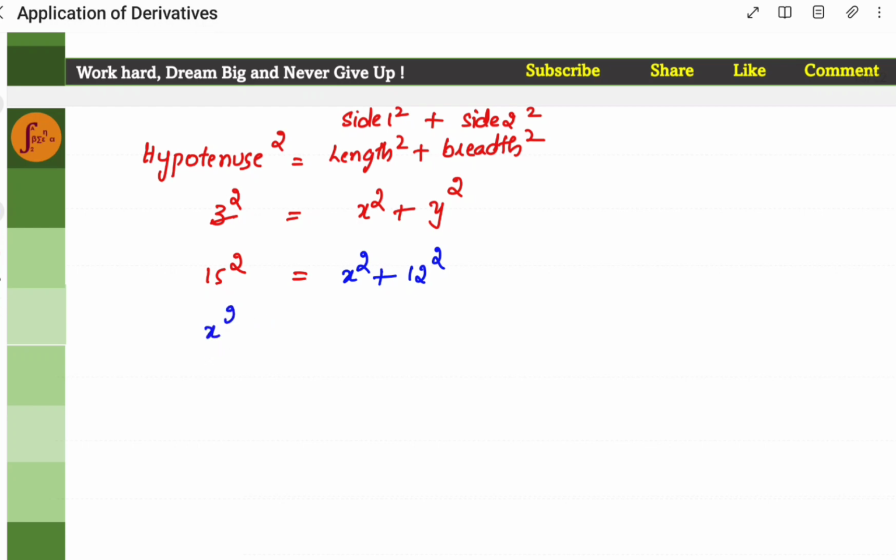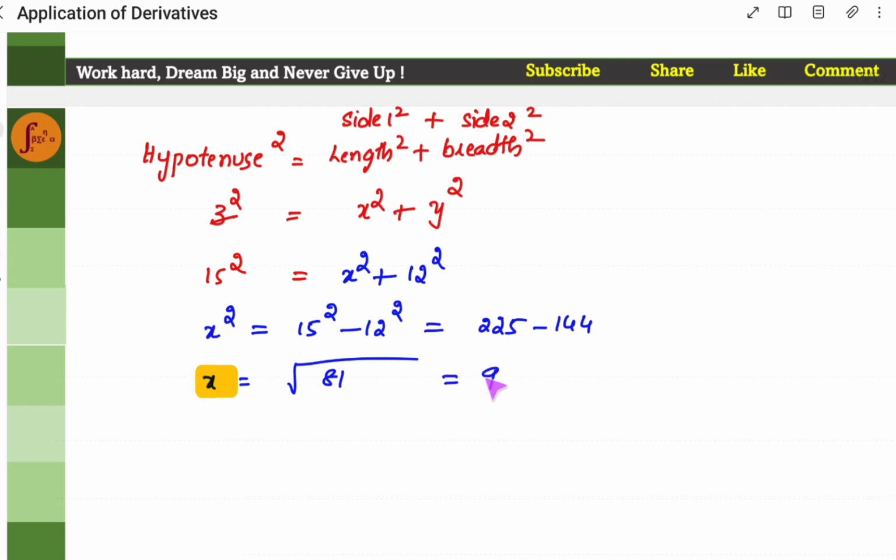X square is equal to 15 square minus 12 square, which is 225 minus 144. Therefore x is root of 81, which is 9. X is equal to 9.